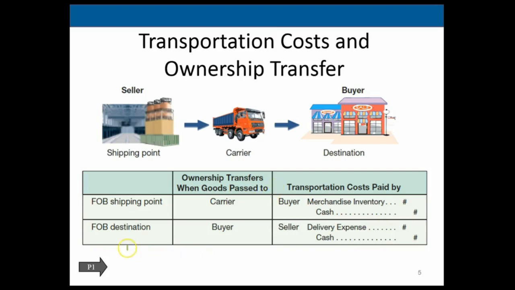On the other hand, if it's FOB destination, then we don't record it in our books until it reaches our docks here in our port. Then we record the inventory at that time.